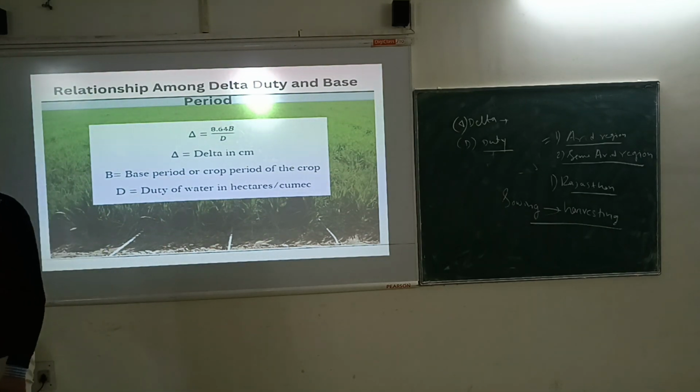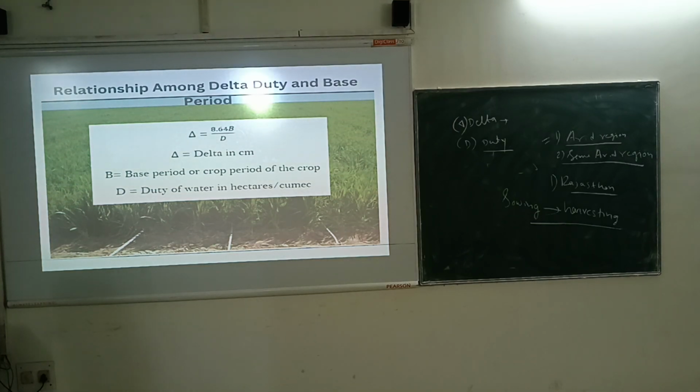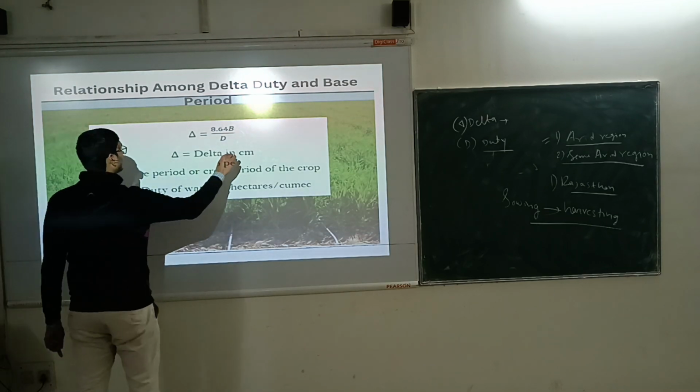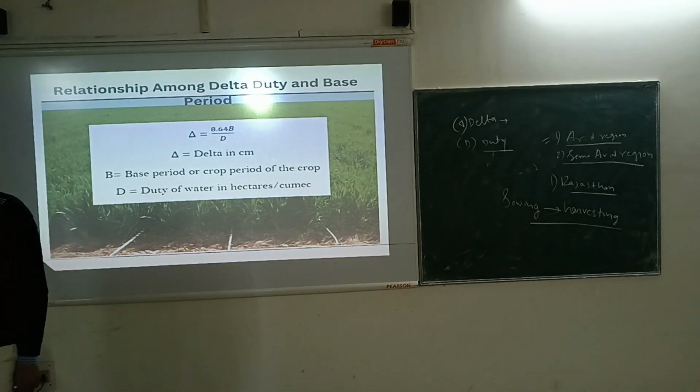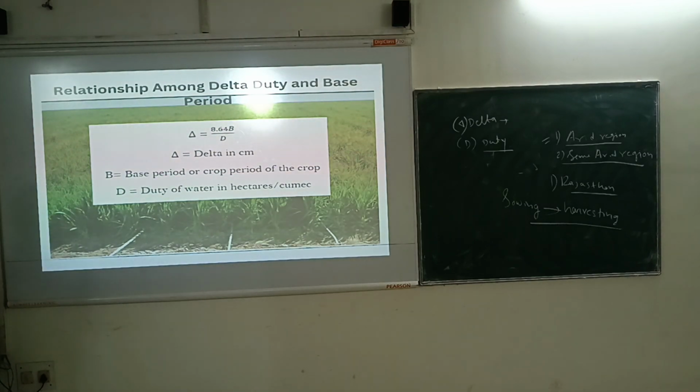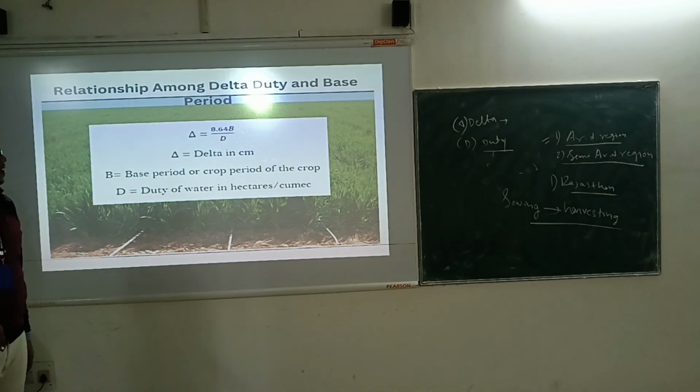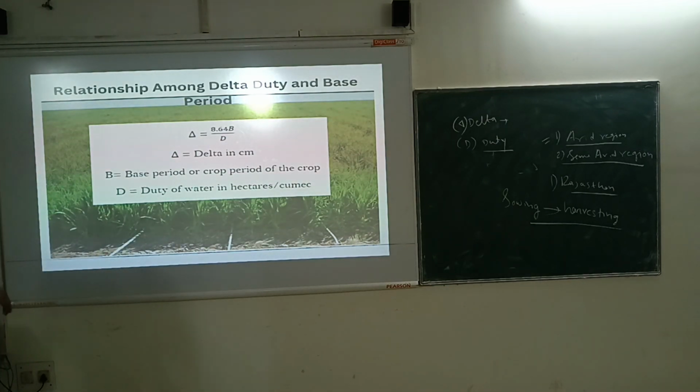To solve a numerical, you can understand: delta in centimeter is 864 B by D, and delta in meter is 8.64 B by D.